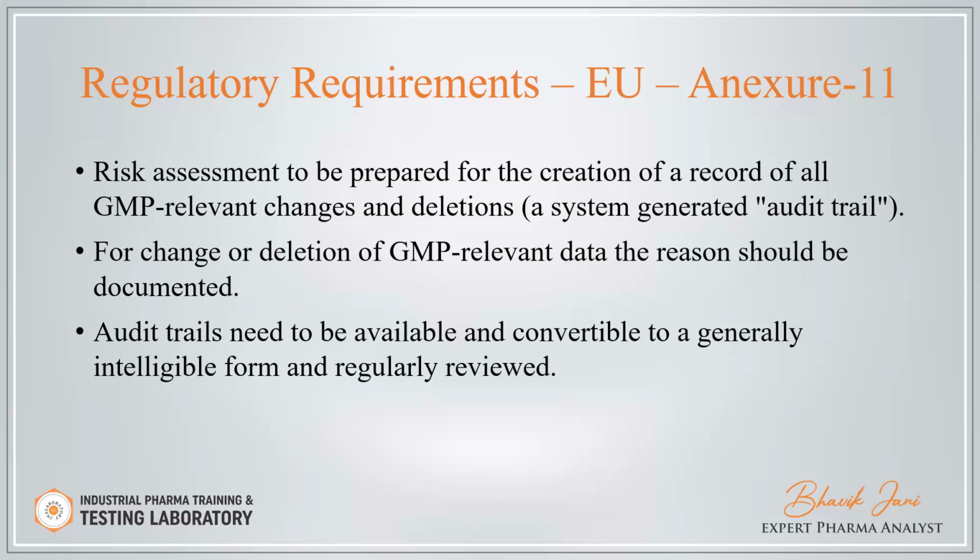Each and every creation or deletion entry should be captured by the audit trail. The audit trail needs to be available and convertible into a generally intelligible form and regularly reviewed. Audit trail should be available in an intelligible form, meaning a human-readable form, and whenever required by the agency review it should be available.